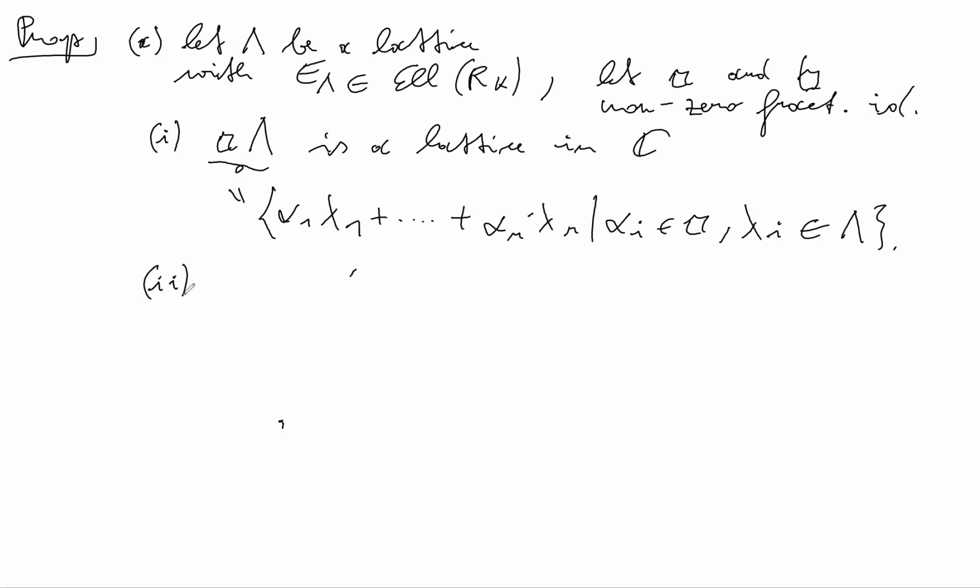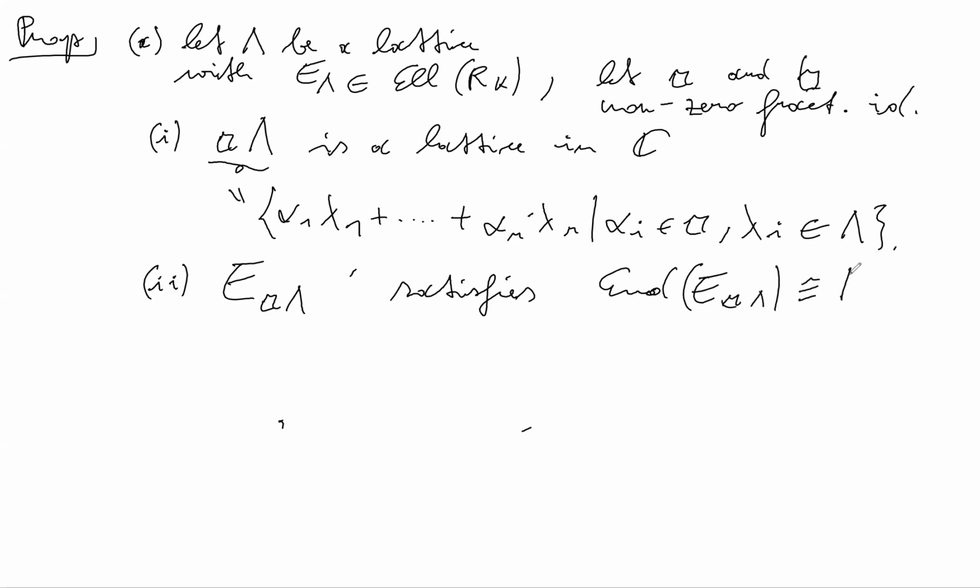And second, now I just said this is a lattice, so I can also consider the elliptic curve that's attached to it. And so I can consider E_{A lambda}. And actually, it turns out this satisfies, again, the endomorphism ring of E_{A lambda} equal to R_K.